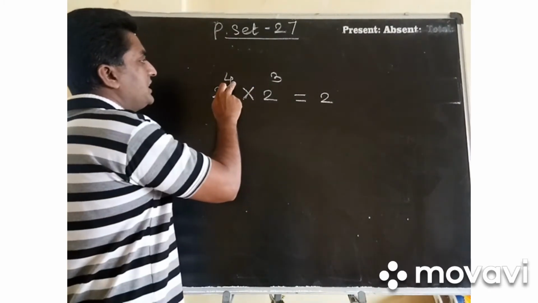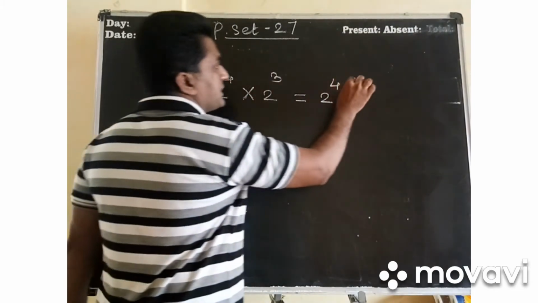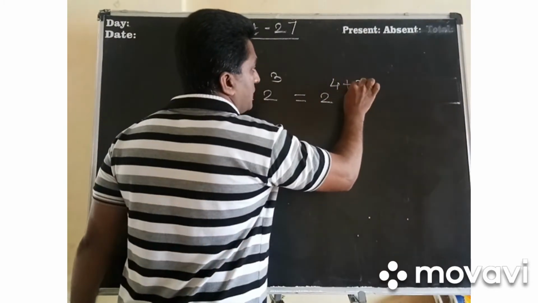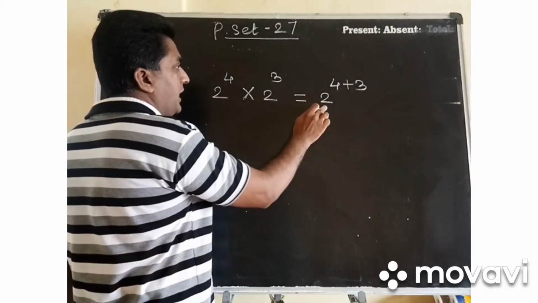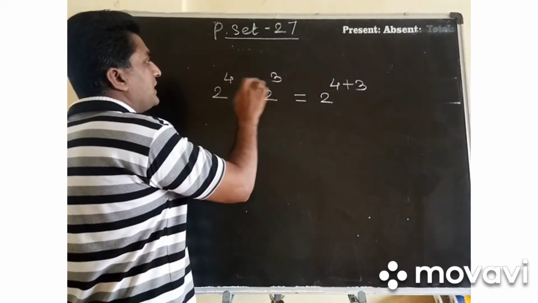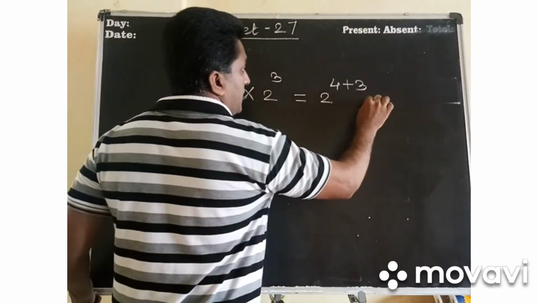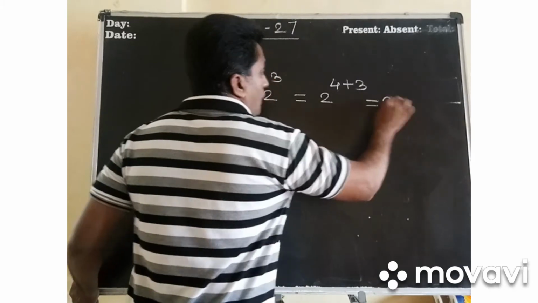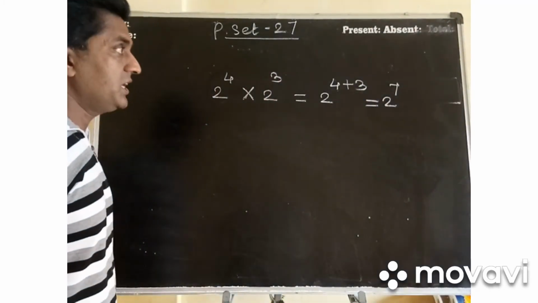Now what is the first index? That is 4. And what is the second index? That is 3. Add these two indices. What I have done: common base 1 time and the two different indices are being added. What will be your final answer? 2 and 4 plus 3, 7. Right everybody? 4 plus 3, 7.